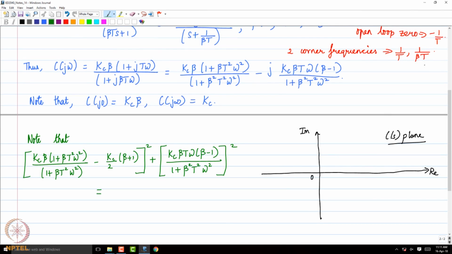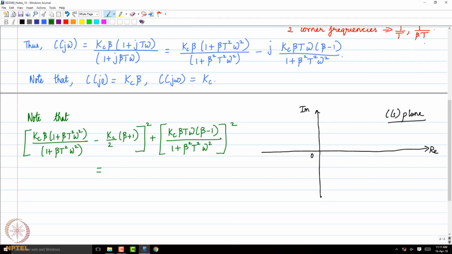That is going to be equal to what do you think should be the radius? I am sure by now we are all familiar with what is happening. You just take the difference and divide by 2. So essentially you are going to get Kc by 2 times (beta minus 1), whole square. So that is what we are going to have here.